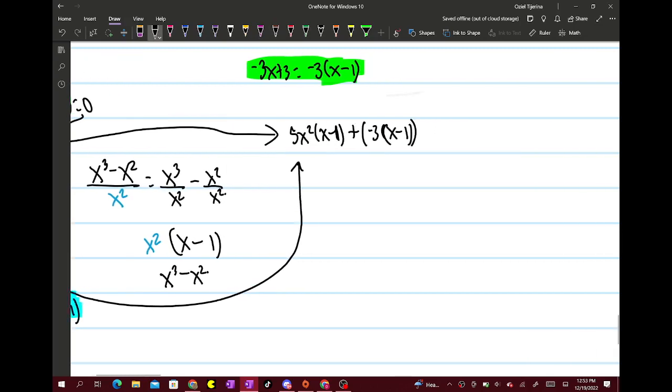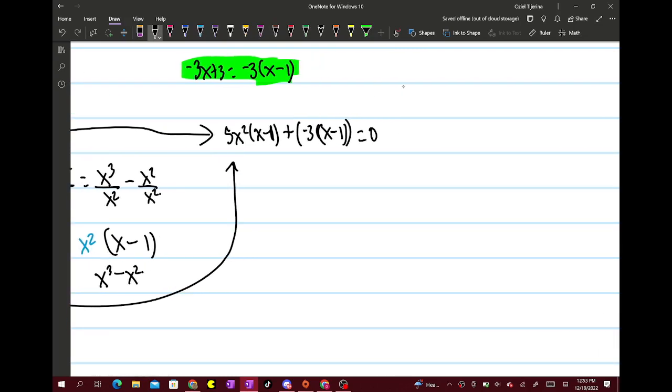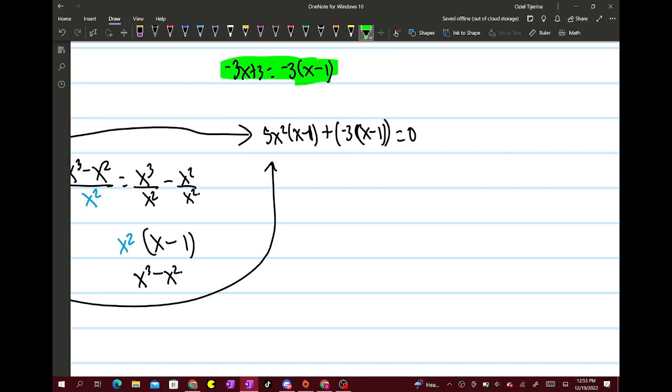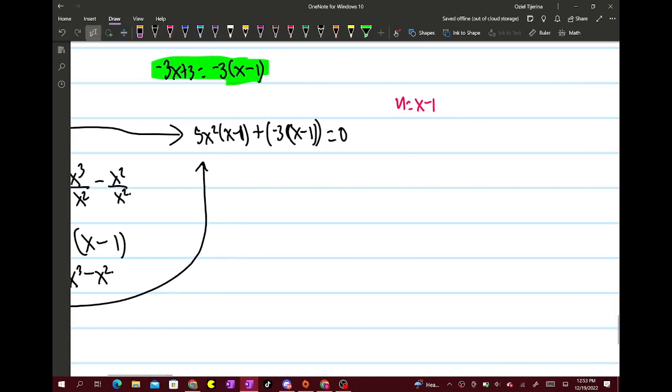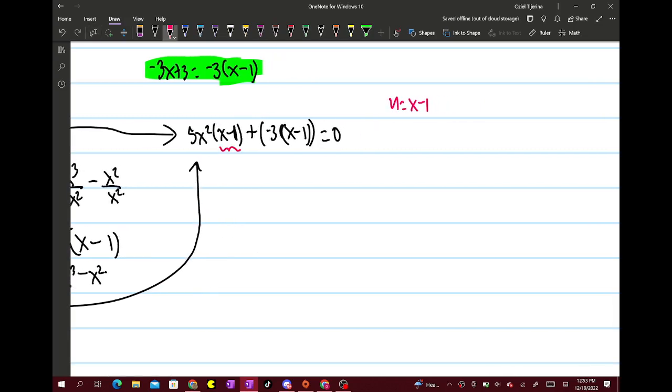And then we know that this is equal to 0. And then we can make u equal to x minus 1. So this is u, and this is u. So really it would be 5x squared u minus 3u equals 0, right?